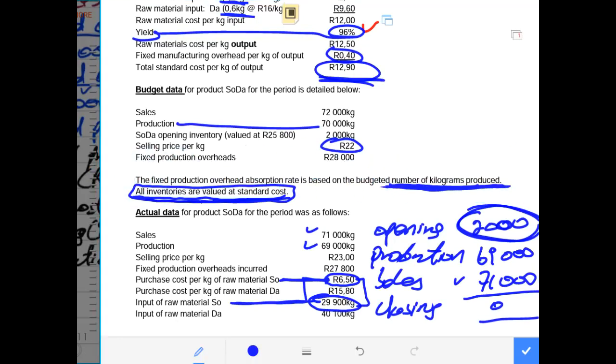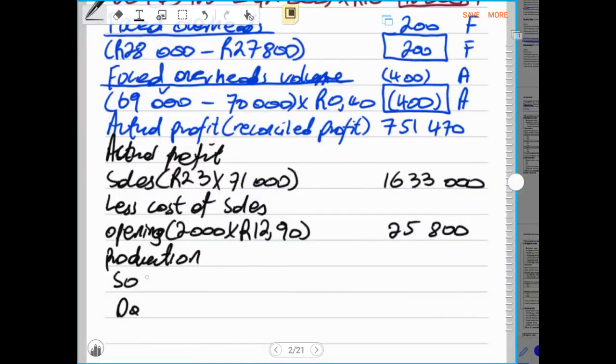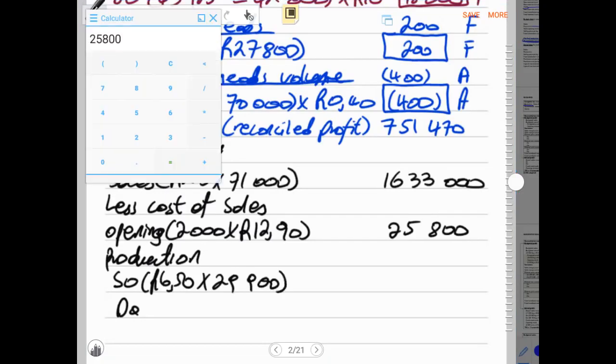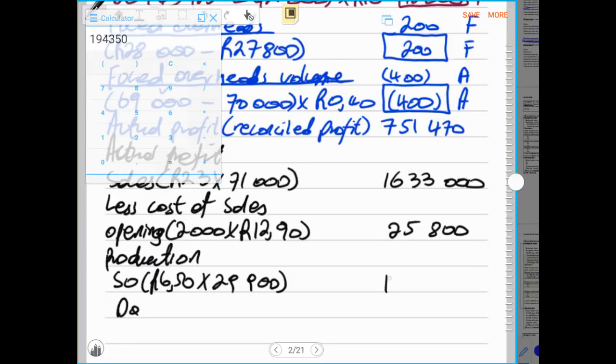So for material saw, I will say 6 Rand 50 times 29,900 kgs that went through the process of production. That gives the actual cost of material saw, which is 194,350.